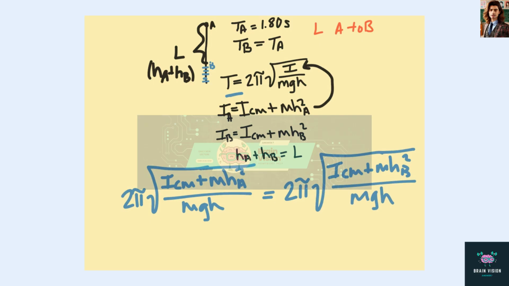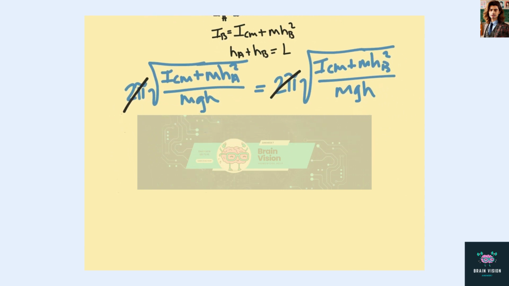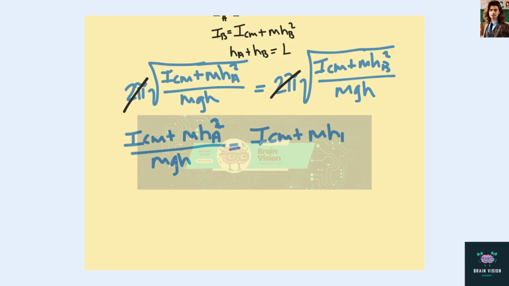And then we can go ahead and simplify. Now we can divide both sides by 2 pi, square both sides, and we will end up with the equation I center of mass plus M HA squared divided by M G HA equals I center of mass plus M HB squared divided by M G HB.